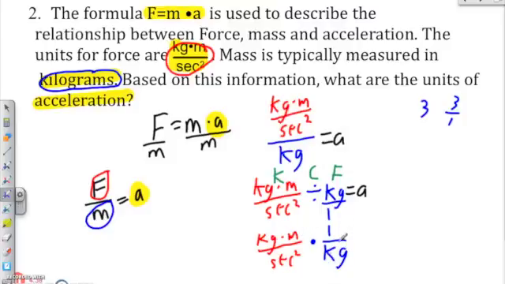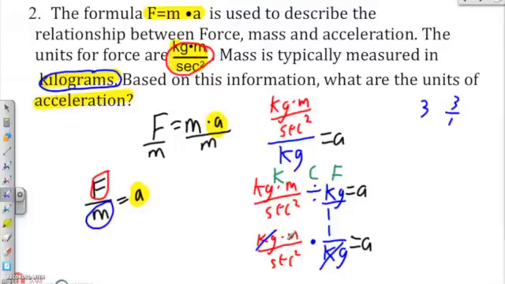Now this is going to lead back into our unit analysis. Remember when we had the same unit on top and the same unit on bottom, we could cancel out. So we can cancel out this kilogram and this kilogram. Our formula is still going to be equal to a. But now that we've canceled out those kilograms, we can simplify this a little bit further.